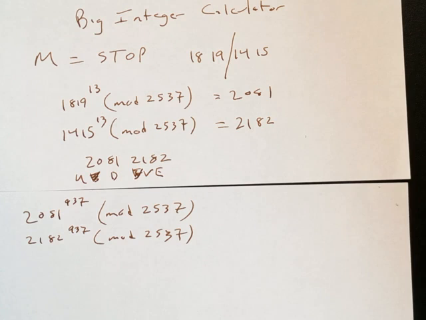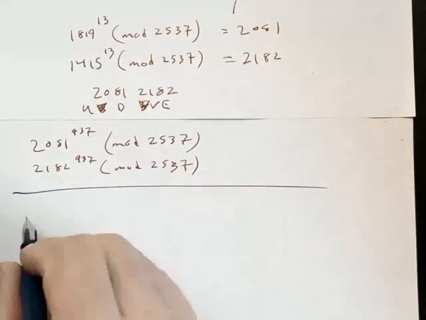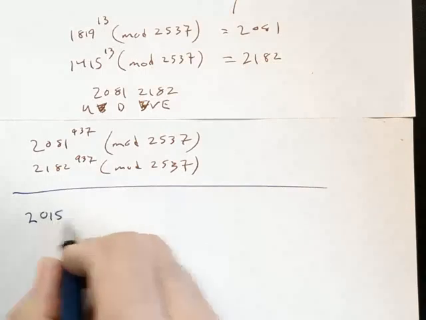Again, I could do these powers faster, if I'm willing to spend my time doing the modular exponential algorithm. Here, let me remind you of this. 2015 raised to the 17th power mod 3,233.